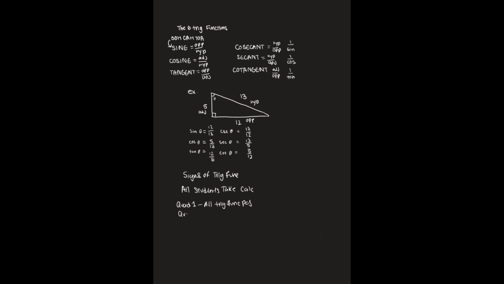In quadrant 2, only sine is, and cosecant. In quadrant 3, it's tan and cotangent. In quadrant 4, it's cosine and secant.